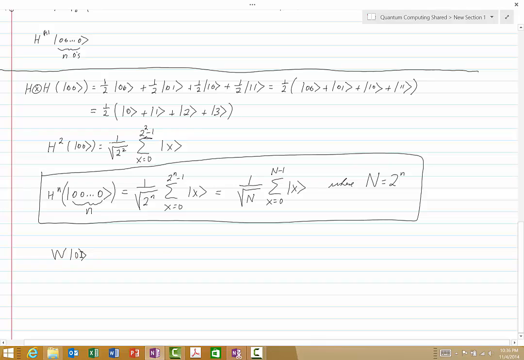But again, you need to understand that that is the n-qubit zero state. Okay, so this is how your book writes that in a nice condensed notation.